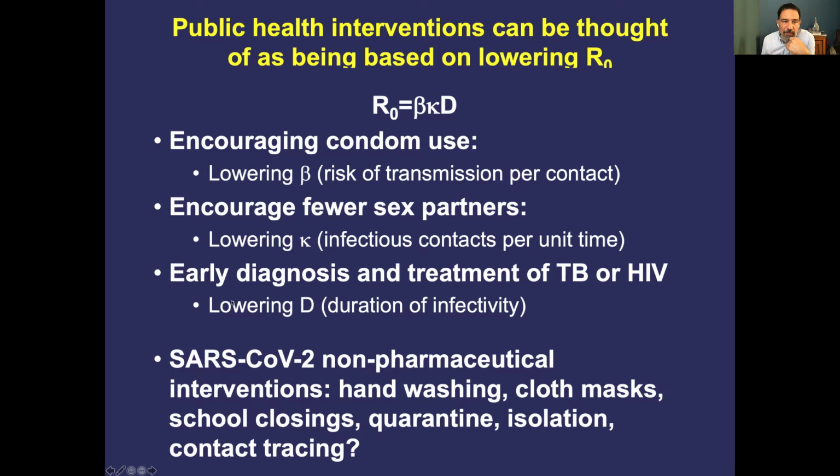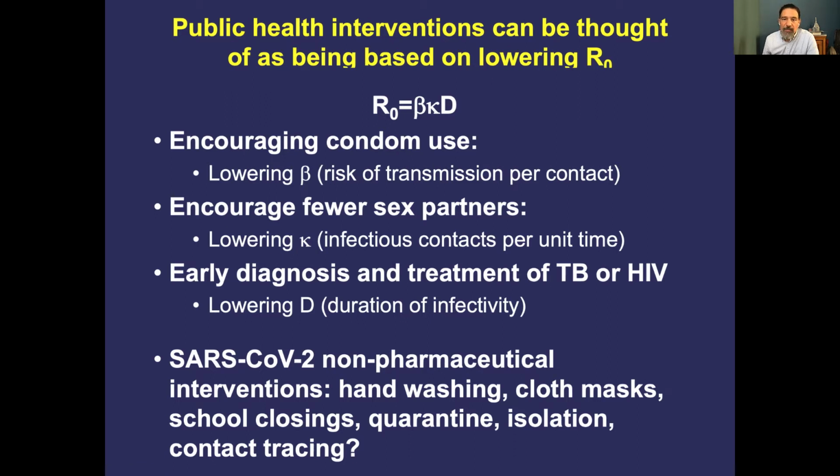And there are also interventions that reduce the duration of infections, such as earlier diagnosis and treatment of TB or HIV. For these conditions, treating them also ensures that the person who's infected is no longer infectious, resulting in both a clinical and public health impact. In the field of HIV, we call this treatment as prevention.